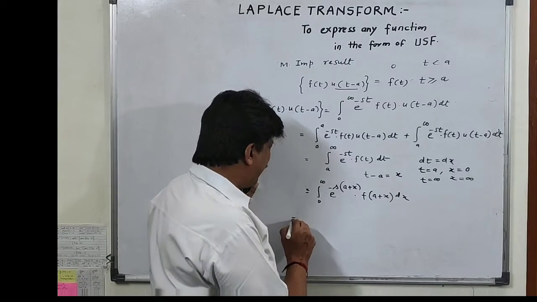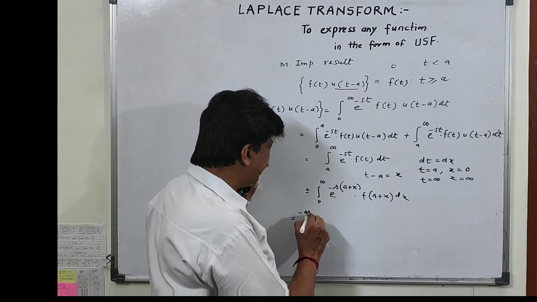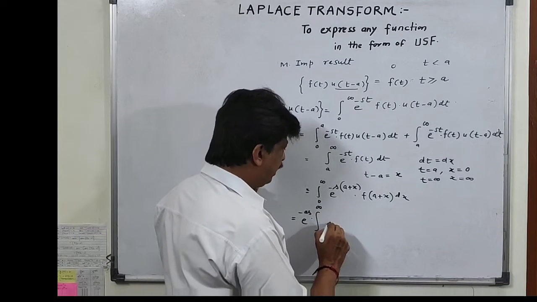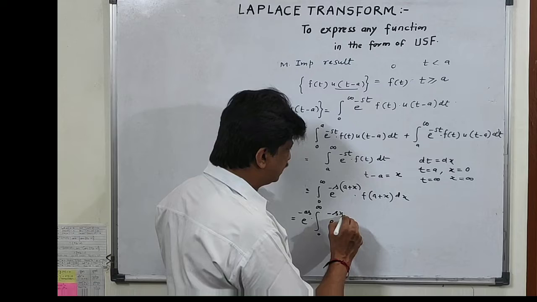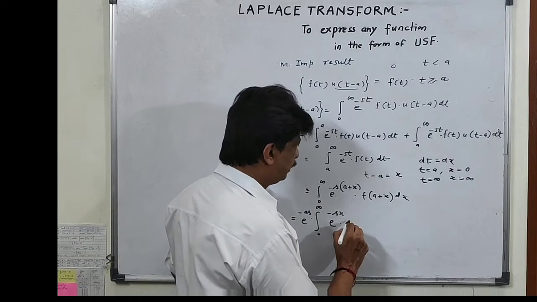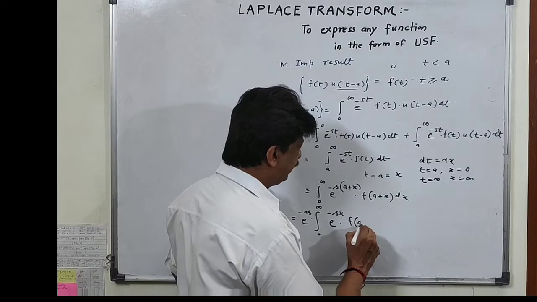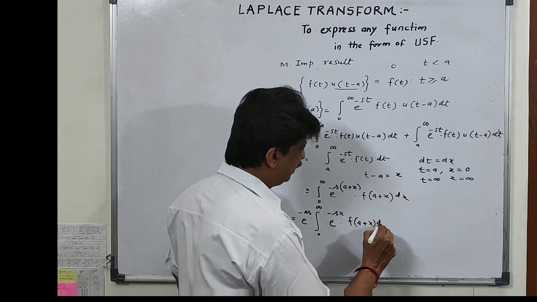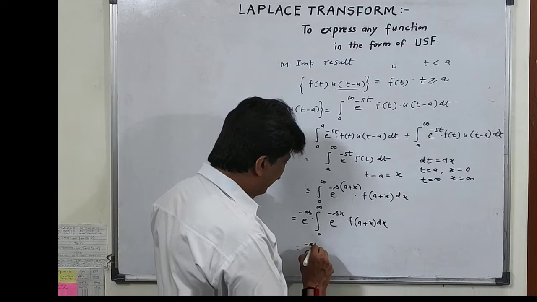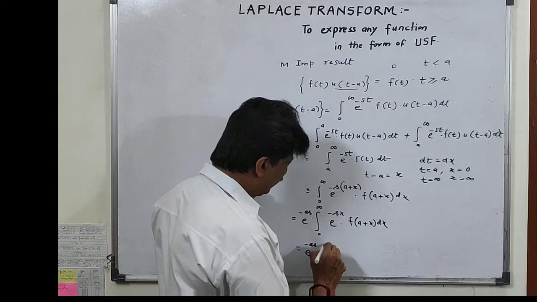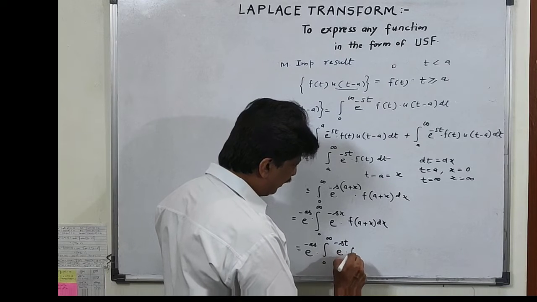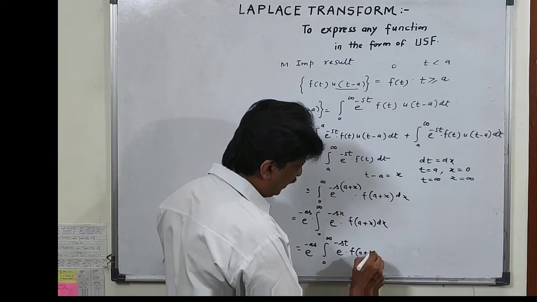So e raised to power minus as is a constant, independent of x, and we get the integral from 0 to infinity of e raised to power minus s x into f of a plus x dx. Or in our usual language, e raised to power minus as times the integral from 0 to infinity of e raised to power minus st f of a plus t.